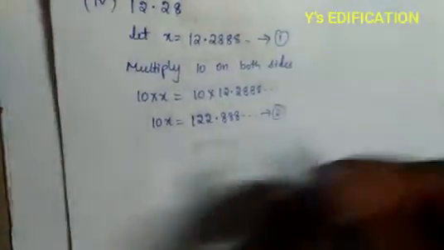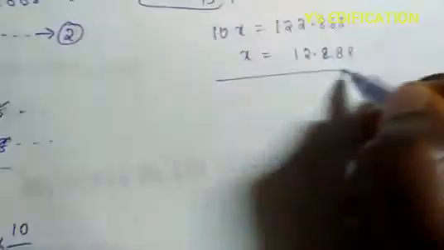This will be equation 2. Next, the same process: 0.888, 9x is equal to 122.888 minus 12.888. Okay, so 9x is equal to, this is cancellation, so 6, this is 110.